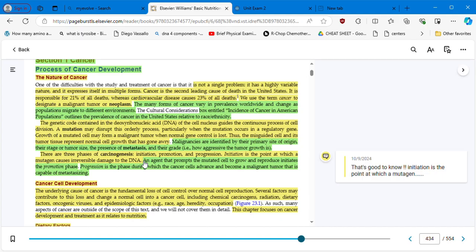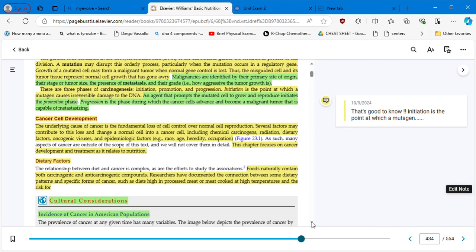So one of those four genetic codes is damaged and it is irreversible. That's initiation, right? An agent that prompts the mutated cell to grow and reproduce initiates the promotion phase. Okay, and progression is the phase during which the cancer cells advance and become a malignant tumor that is capable of metastasizing.